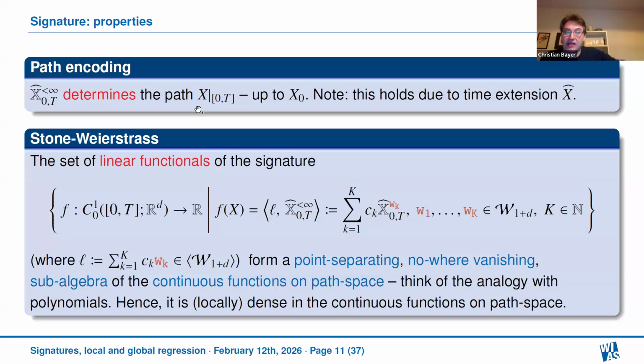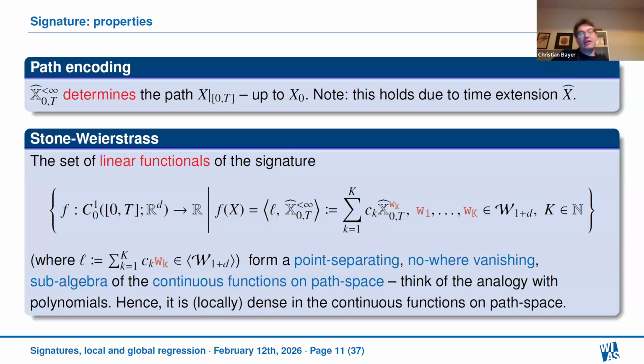This is because the signature determines the path. It's nowhere vanishing. Well, and it's a subalgebra. And therefore, the Stone-Weierstrass theorem says that it's dense in the continuous functions on path space.